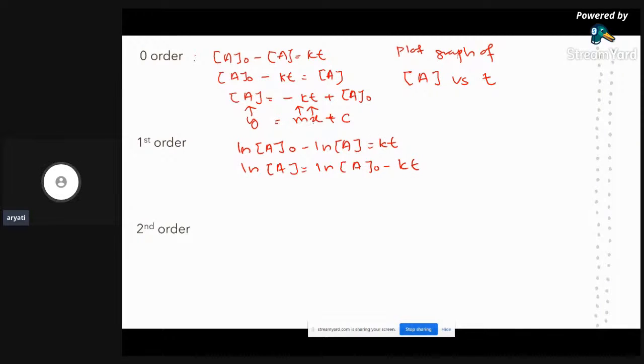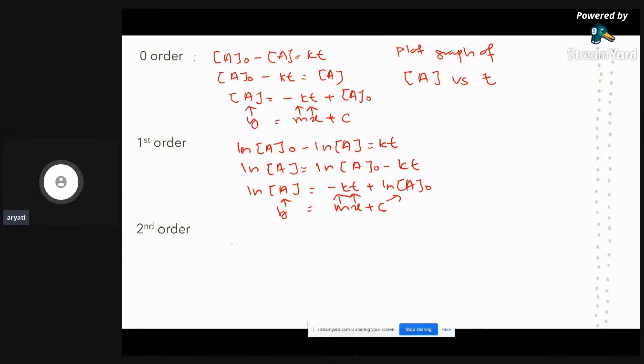So we move kt to the left side: ln A equal to negative kt plus ln A naught. If we compare this with the linear equation y equal to mx plus c, your y-axis is the value of ln A, x-axis is t, and your gradient is equal to the rate constant. Okay, so c is the value of ln A naught.